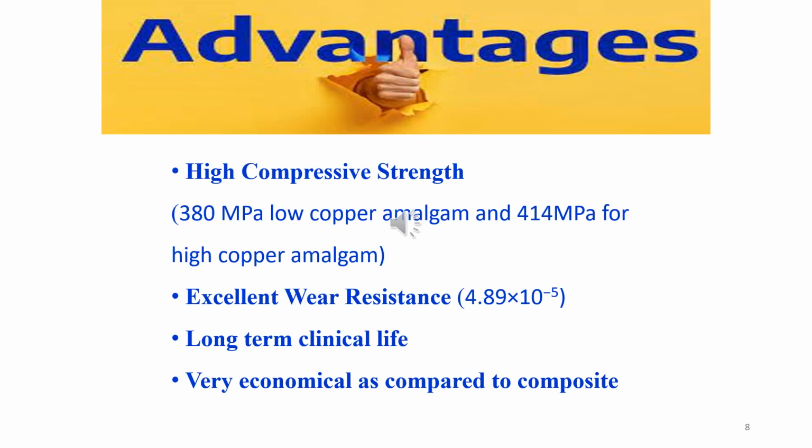Coming to advantages, dental amalgam gives a high compressive strength. It gives excellent wear resistance. It has a long-term clinical life and it is very economical as compared to composite restorations.